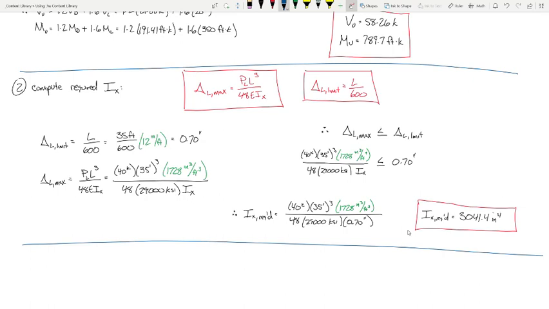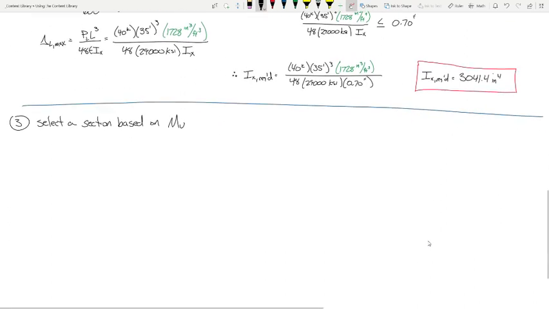Okay. So step 3, here's what I want to do. Select a section based on MU. Okay.